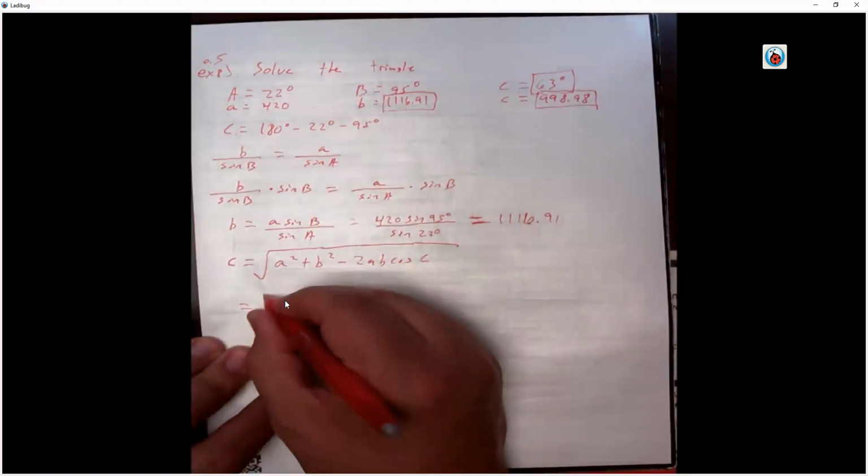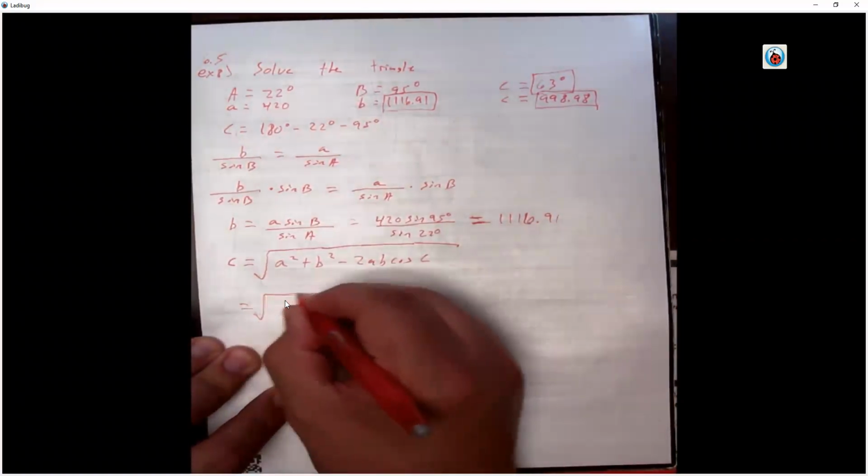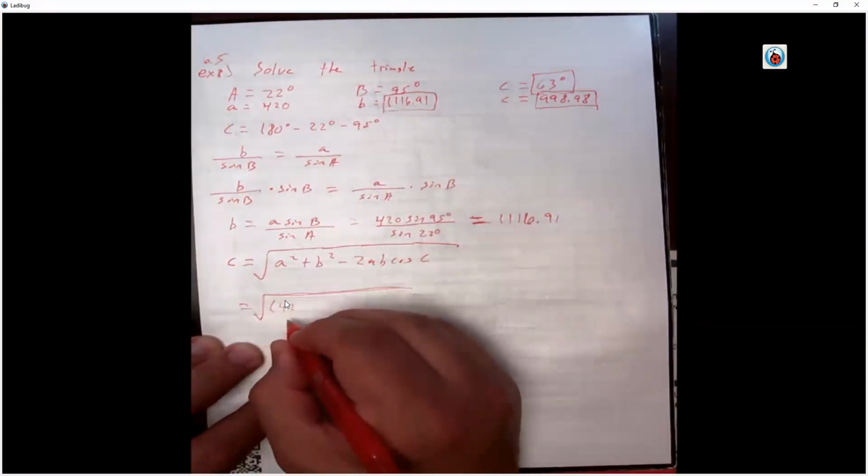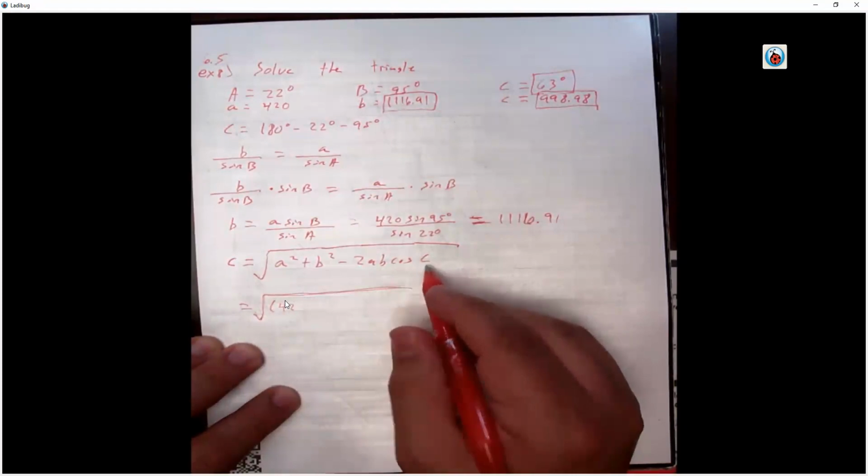Yeah, you just plug these numbers in. For the cosine of C, you put 63 degrees. Yeah, cosine 63.